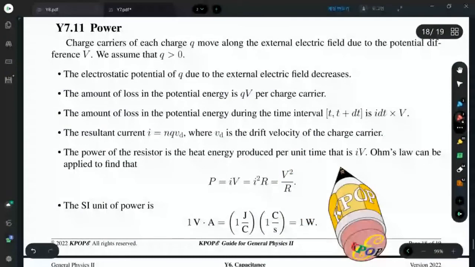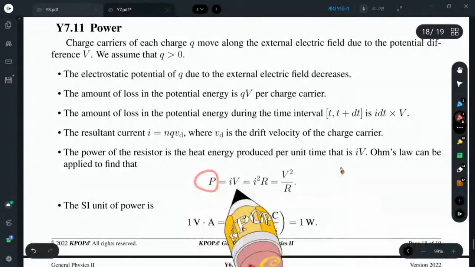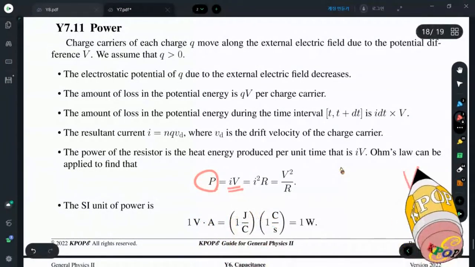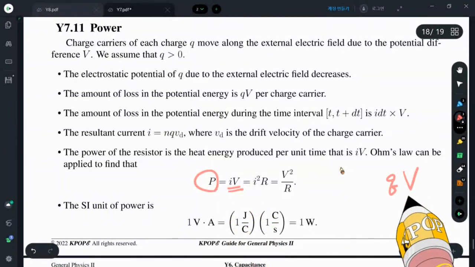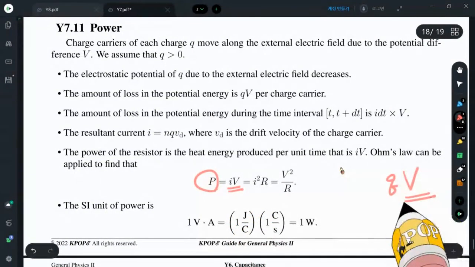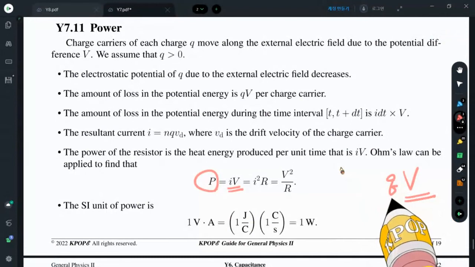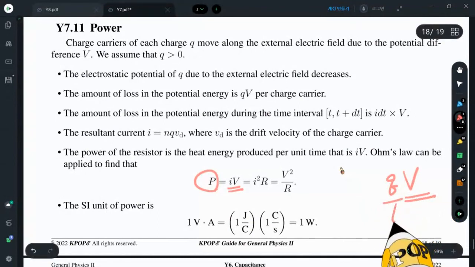Power is the work per unit time, and you can compute the power as potential difference multiplied by charge. If the potential difference is fixed, multiplied by charge is the work, and you divide this by time, it becomes a current.